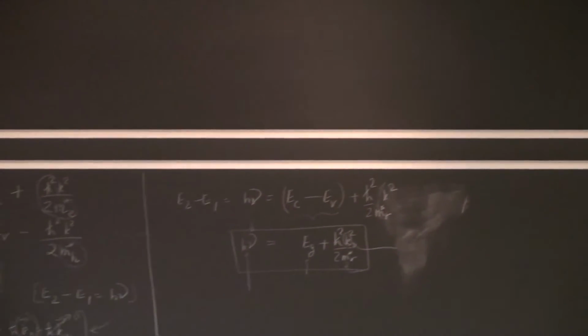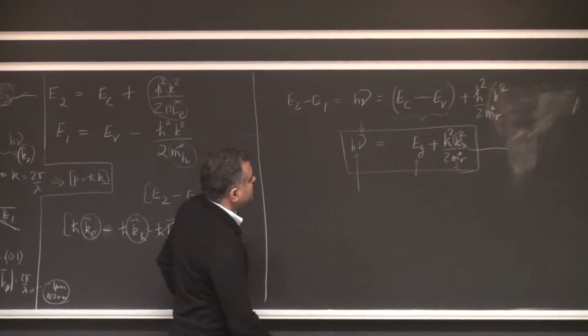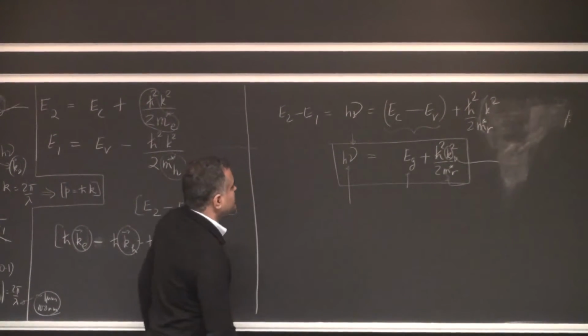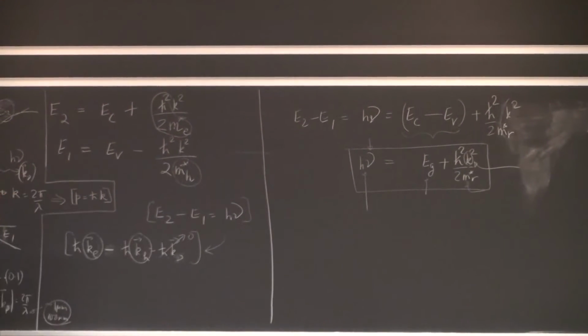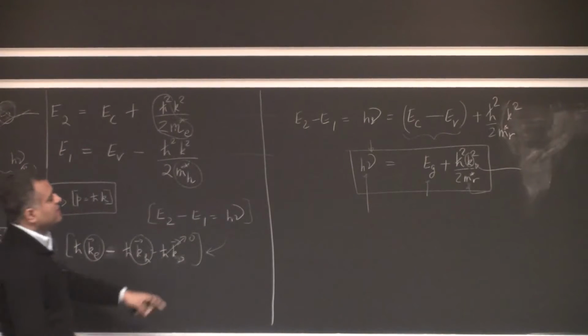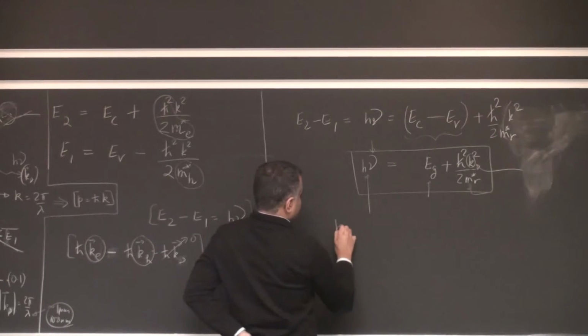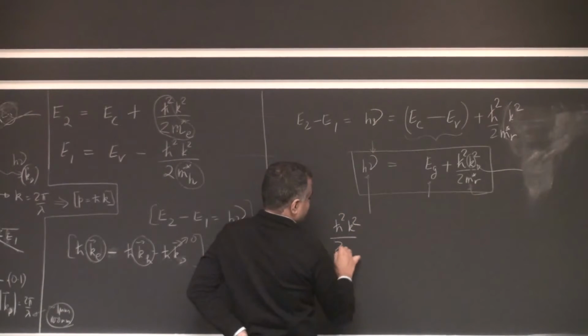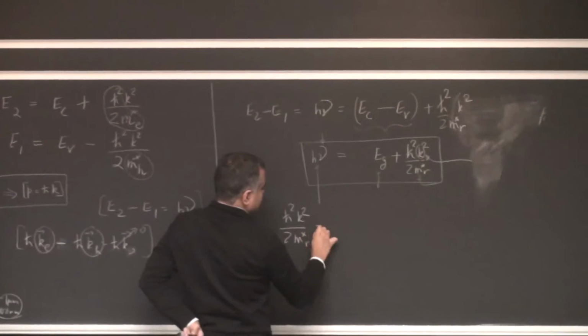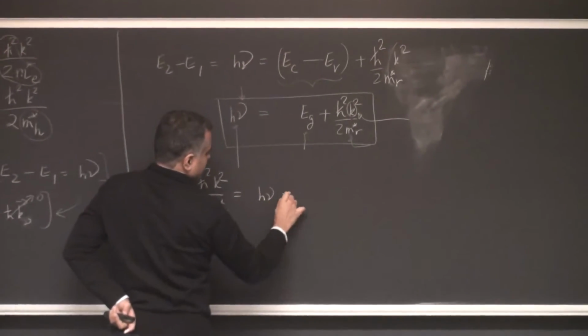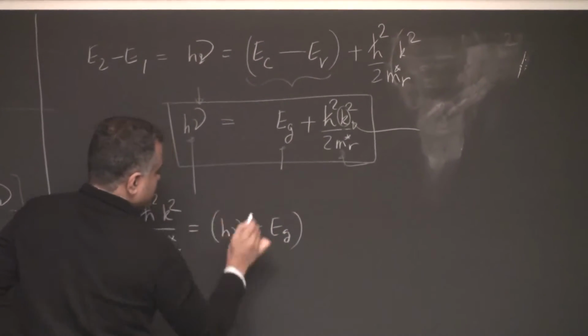Okay, so now the joint density of states. Let me write this equation in a slightly different way. Not too different, just take one of the terms to the right, and we have that.